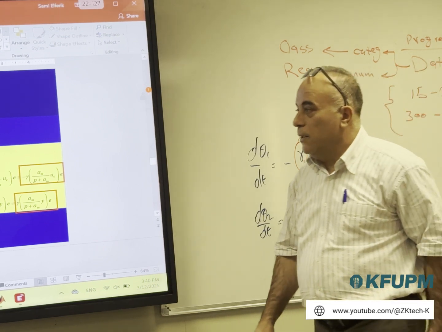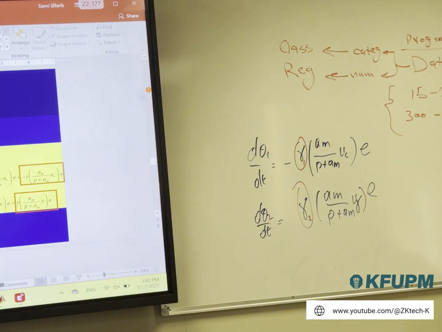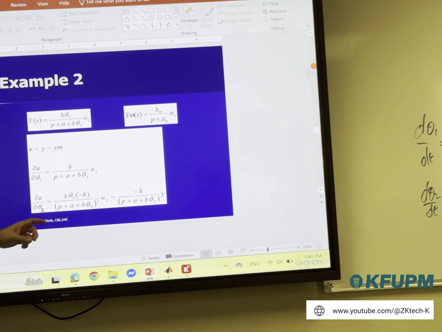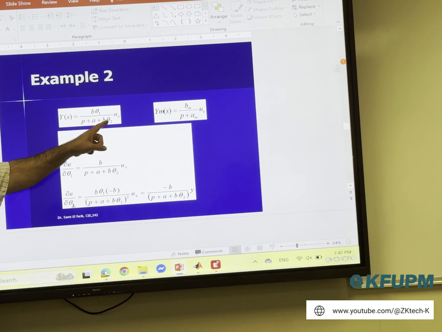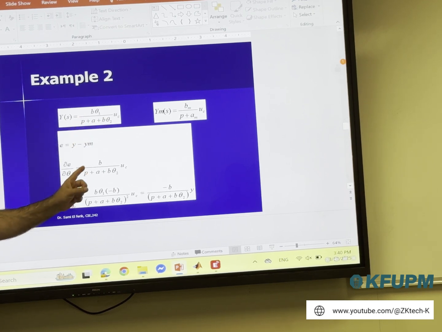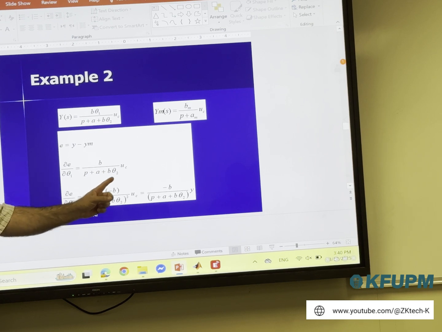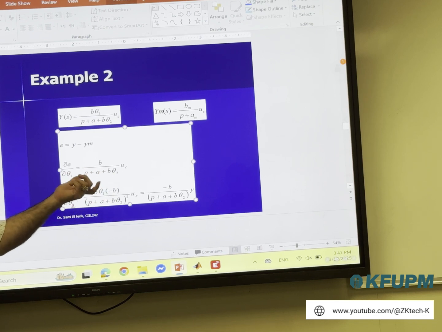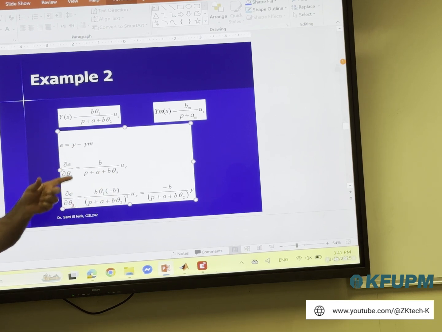So if I go back to the equation of the error and I look at the error, if I increase theta 2, I will decrease the value of the error. So if I increase theta 2, the error will decrease. So it's positive. If I decrease theta 2, the error will increase. So they have different signs, one opposite the other.